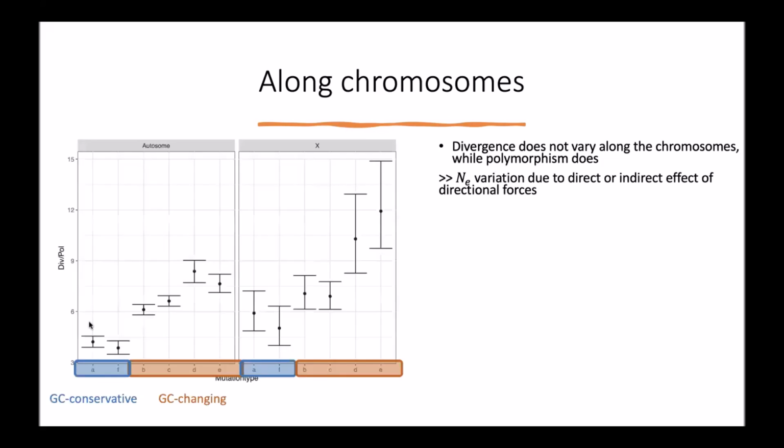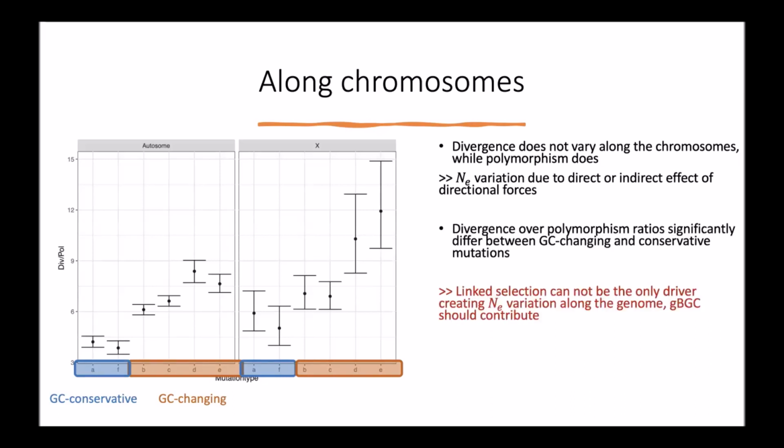I checked the divergence over polymorphism ratios and do observe differences between the mutation classes, pointing out that linked selection cannot be the only reason creating this, but there should be a directional force, likely GC-biased gene conversion.